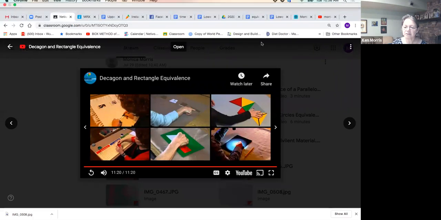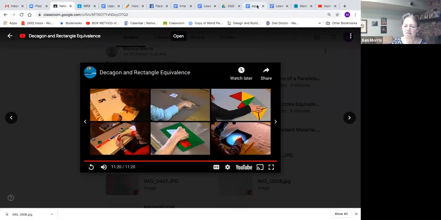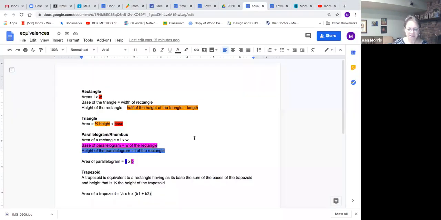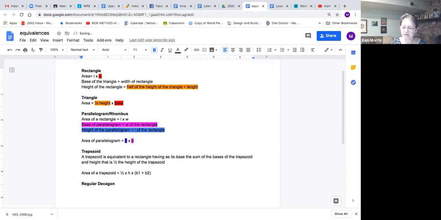So we are going to go back to our document here. All right, now we're looking at a regular decagon. Actually, it turns out to be for any regular polygon.